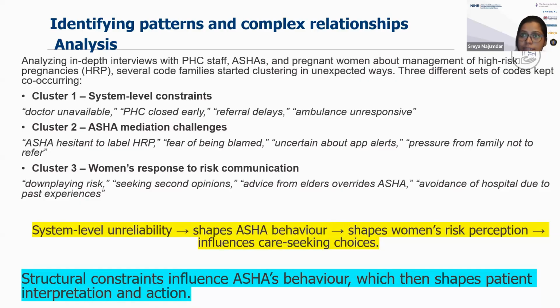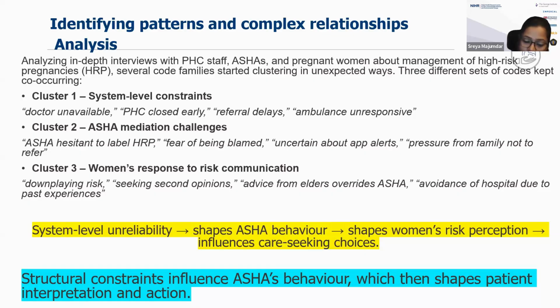The third is the third example, where you have codes like downplaying the risks, seeking second opinions, advice from elders overrides the ASHAs, avoidance of hospital due to past experiences.